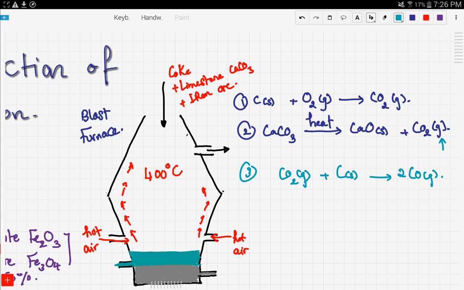Then the carbon monoxide right here starts to go up in the furnace and it acts as a reducing agent, reducing the iron ore. So this is the reaction that occurs.